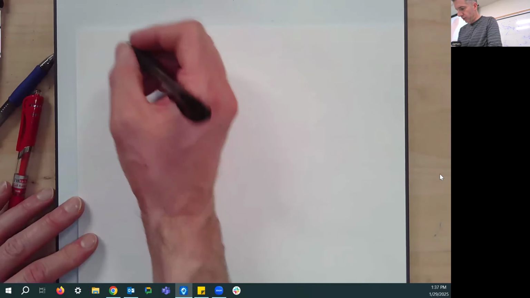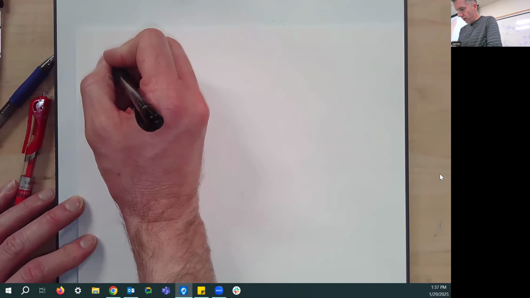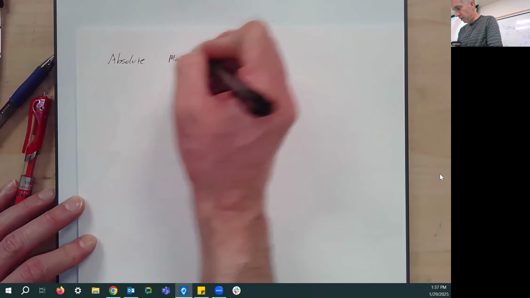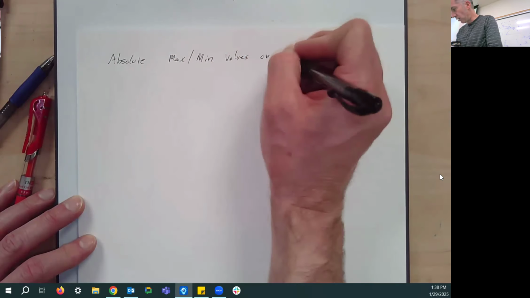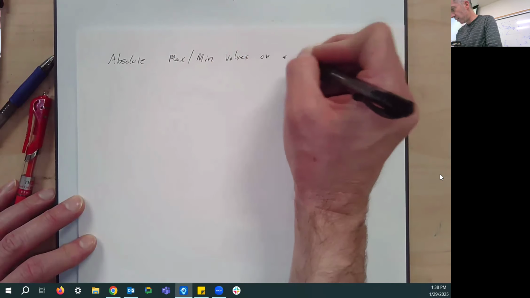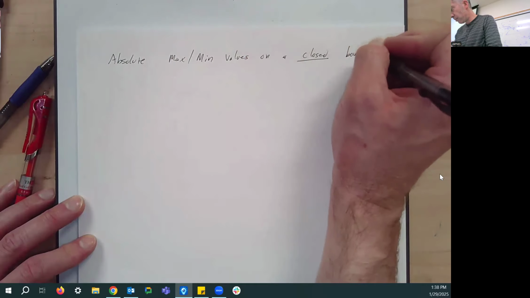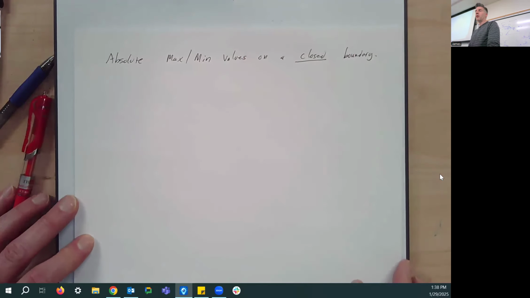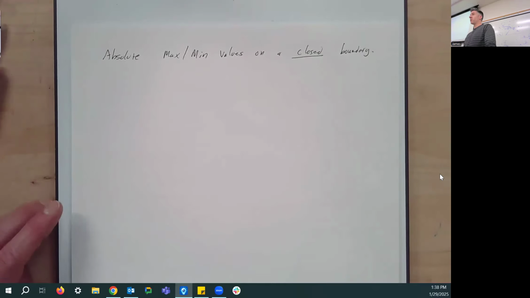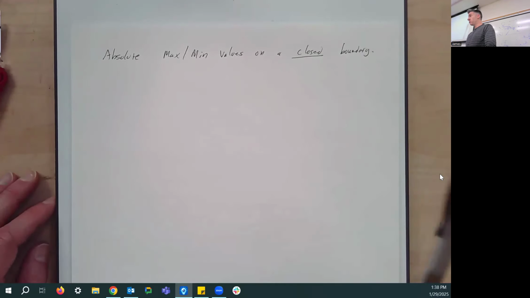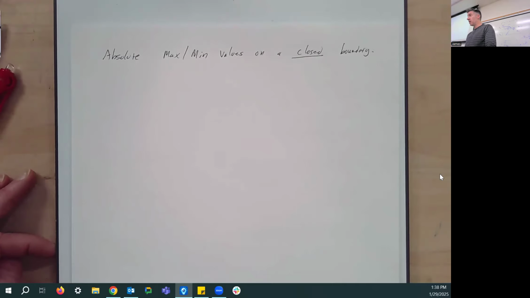So, we're going to look at an example, and I'm not going to draw some pictures, but just show you some pictures. So, absolute maxima and minimum values on a closed boundary. And typically, when someone says a closed boundary, what you should think of is a region in the XY plane, in two-dimensional space, that includes the boundary.